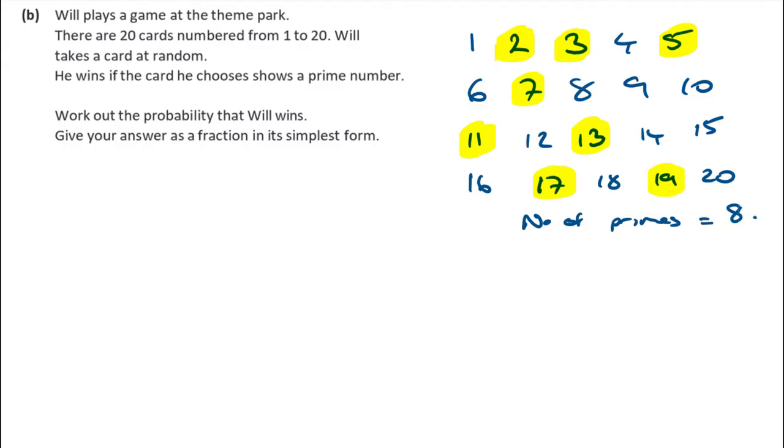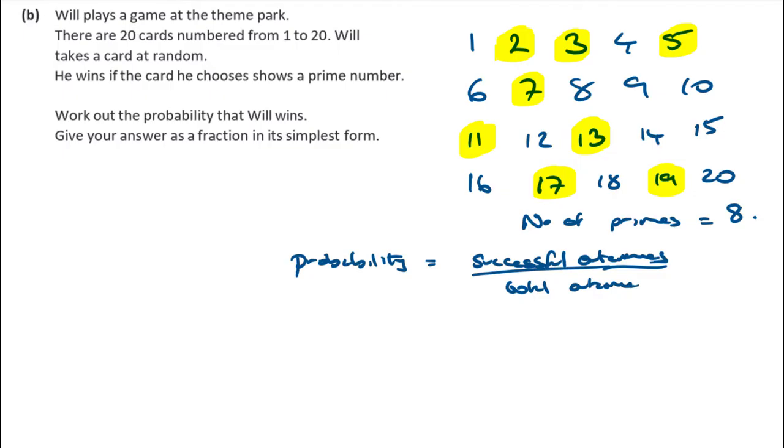Okay. Now probability is defined to be successful outcomes divided by total outcomes. Now the total outcomes here, you've got 20 different numbers that you can pick from.